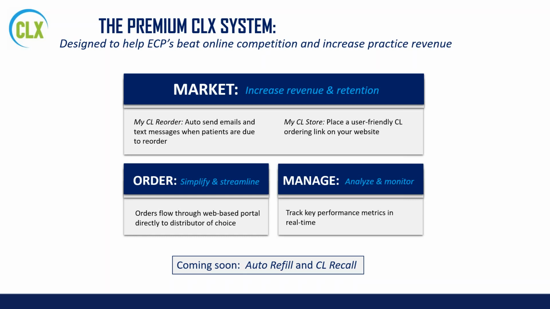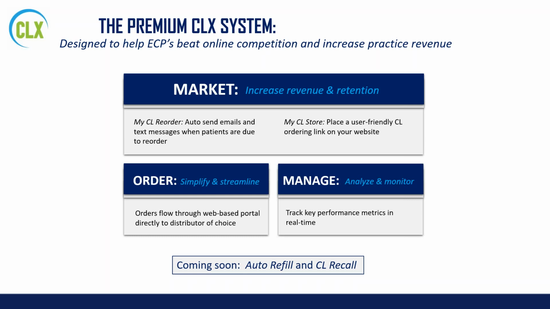And then, of course, our management reporting side, tracking those key metrics in real time, can be a huge benefit to any practice. I don't care if you have one doc and one office and 3 team members, or you have 15 offices and 20 docs. It does not matter. Metric-driven organizations outpace the market substantially.